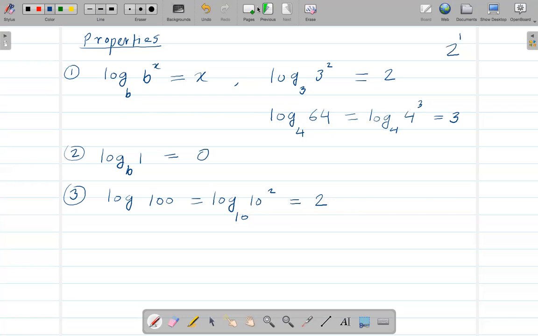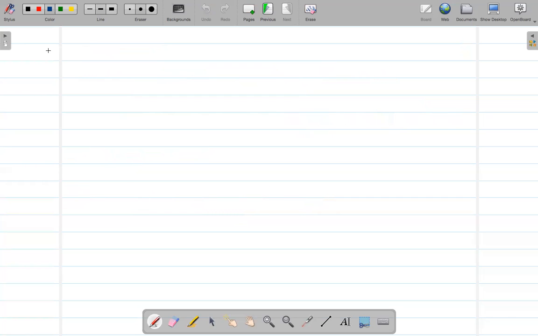All right, so another one. Let's say if we have a single log, base b again, of m times n. So these are two different things multiplying each other, with a single log.